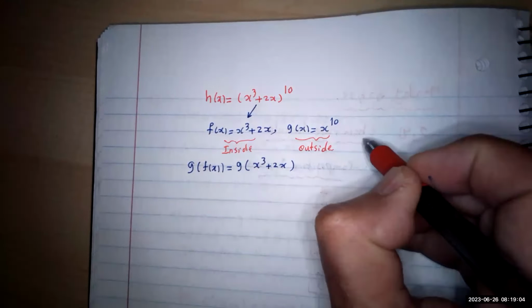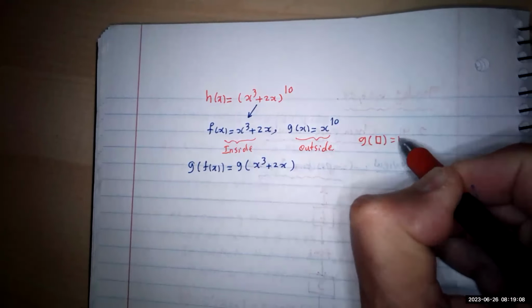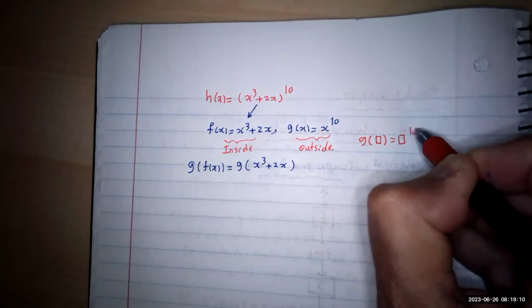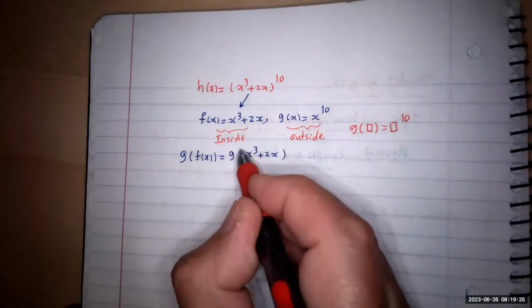So g of the box is going to be the box to the 10. That's the function. It depends on what you drop into the box. If you drop x into the box, g of x would be x to the 10. But if you drop z into the box, that gives you z to the 10. So what are you dropping into the box? You are dropping this one into the box.